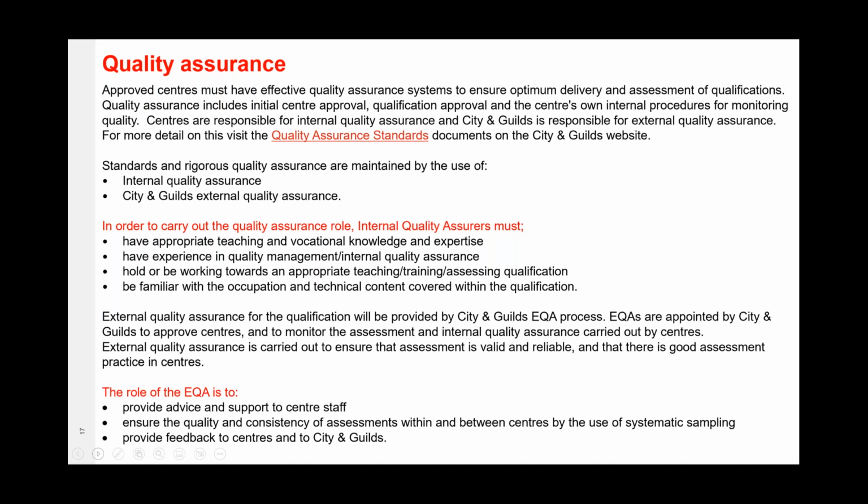The role of an EQA is to provide centres advice and support, ensuring the quality and consistency of the assessments and the sampling, and really to give you good feedback so that we are supporting you, to help you to improve your delivery and your sampling.